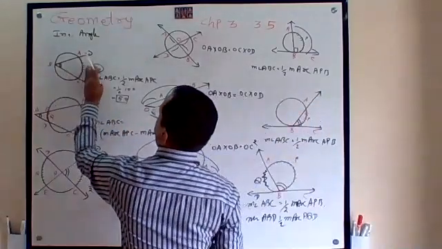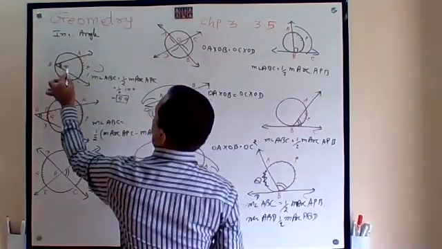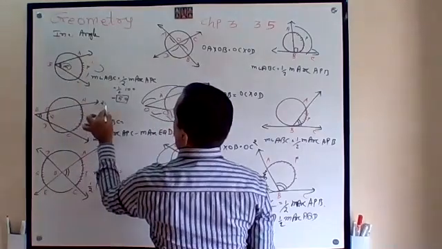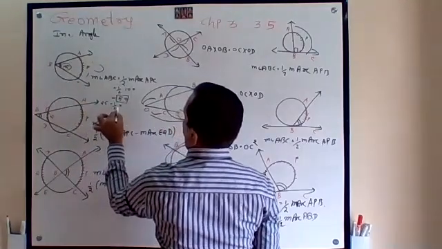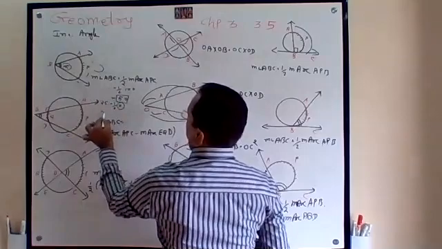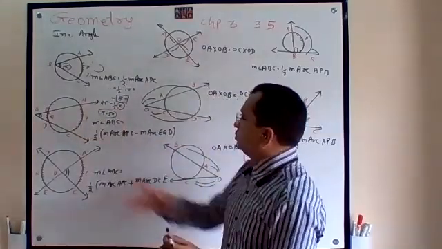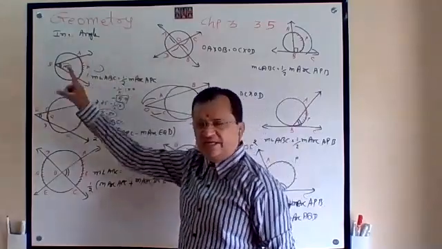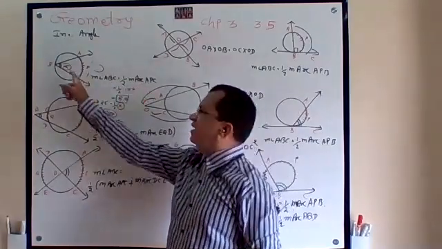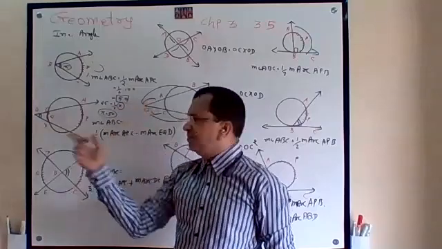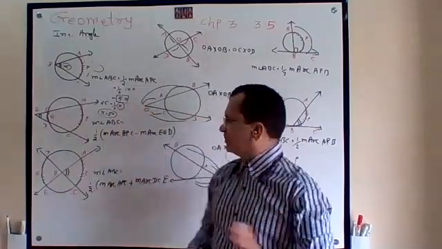Suppose this angle is 25, so 25 is half of x, so double. When the arc is given as 100, the angle is 50. When the angle is given as 25, double, the arc is 50.